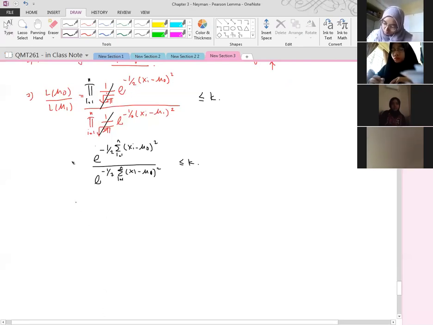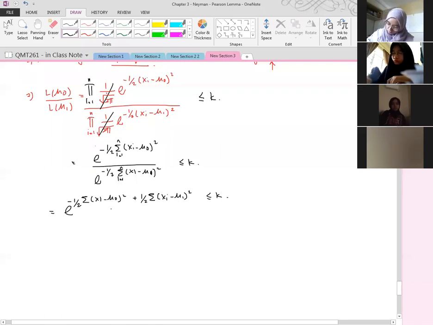Right, you can simplify this one. So it becomes exponential negative 1 over 2 summation of (xi minus mu naught) squared, this is plus 1 over 2 summation of (xi minus mu1) to the power of 2, less than or equal to k, right?